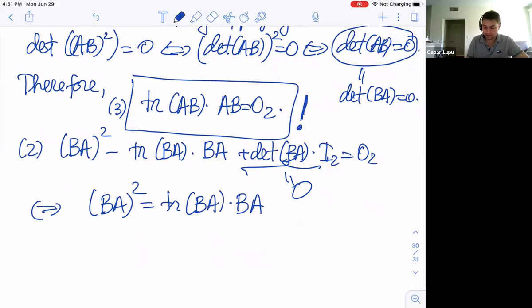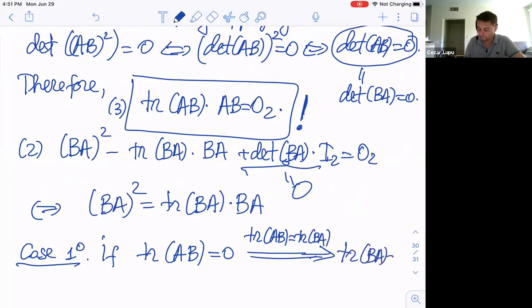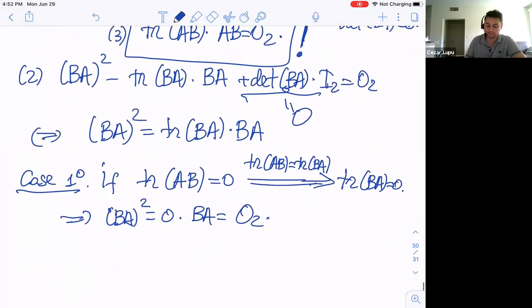Case 1: if trace of AB is 0, we know from the properties of traces that trace of AB is the trace of BA, and this implies that the trace of BA equals 0. Then BA squared is nothing else than 0 times BA, which gives the null matrix.